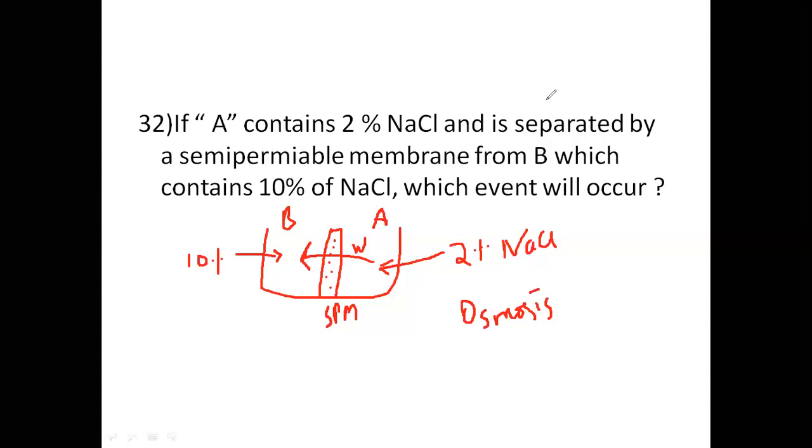Then NaCl is an ionizing molecule. I value becomes 2, because one Na plus ion is there, one Cl minus ion is there. So I is 2. What they asked? Calculate the osmotic pressure. Pi you have to calculate.